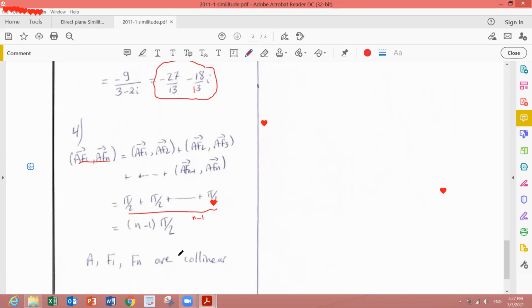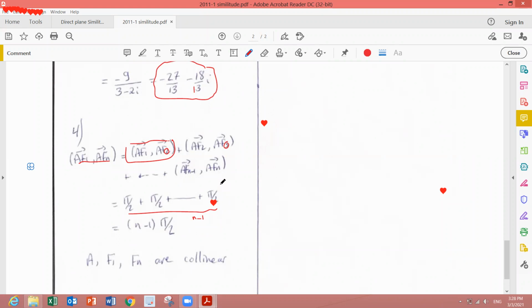Why n minus 1 times? Let me give you an example. Here AF1, AF2 is one angle of pi over 2. AF2, AF3: how many angles? From AF1 to AF3 I have 2 angles. Etc. From AF1 to AFn I have n minus 1. Why minus 1?